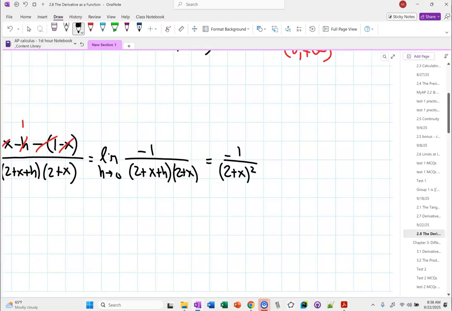Now, don't get me wrong, there's still going to be stuff on occasion, especially in a multiple choice setting, where there's nothing you can do other than use the definition of derivative. That's not going to go away completely, but we're going to minimize it as much as we can in favor of easier and more efficient methods.